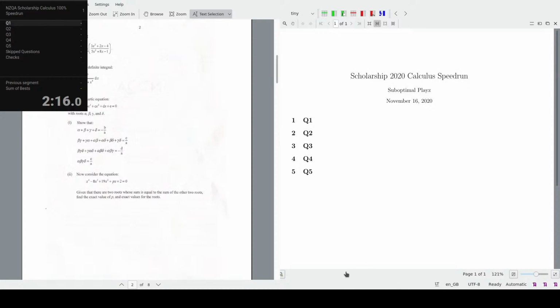Because I'm on last year's formula sheet, but I forgot how to do this. d over dx of sine y is just cos y, cos y dy. Alright, so this is just cos of arcsine of x. So that's the angle.